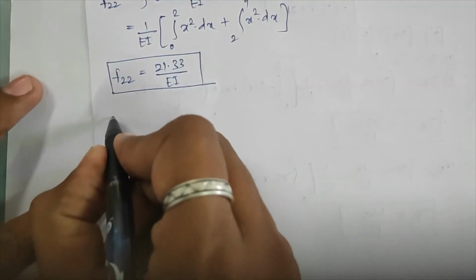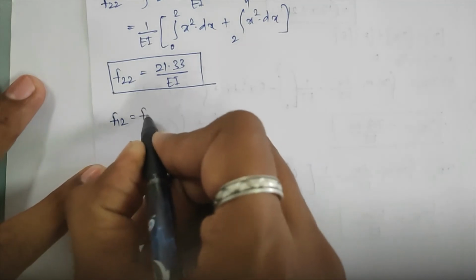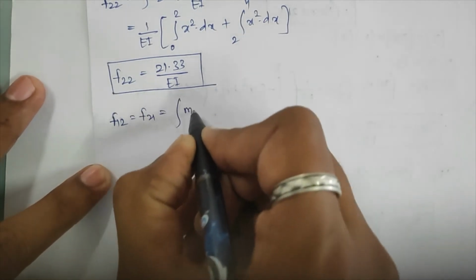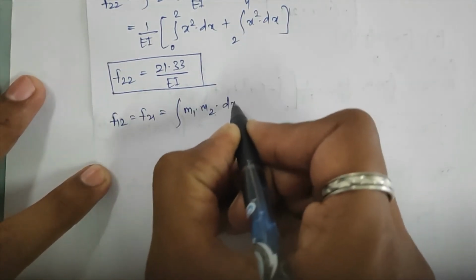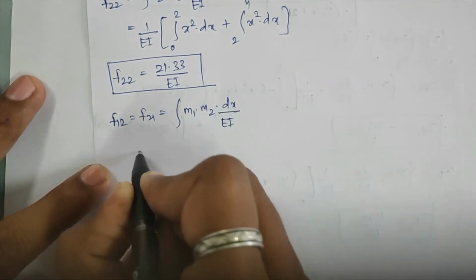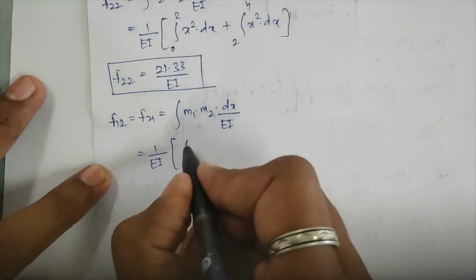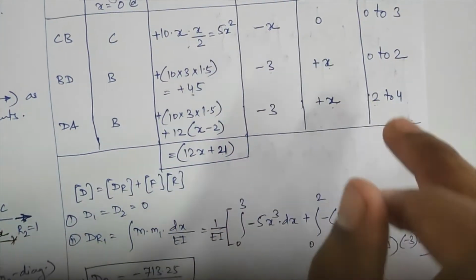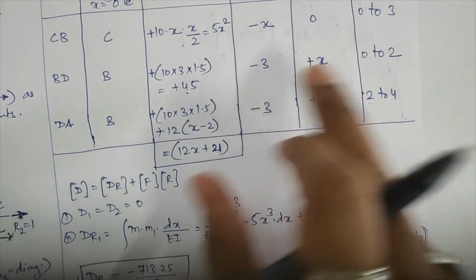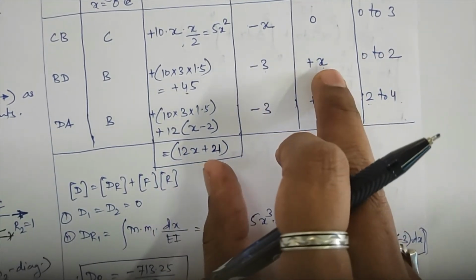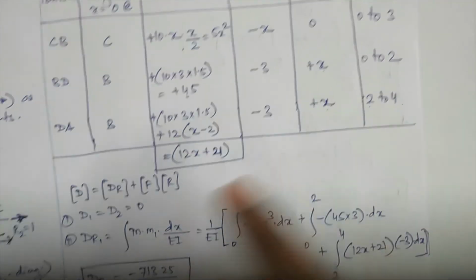And the last is the indirect flexibility. f1 is equal to f2, integration of m1 into m2 into dx upon EI. So 1 upon EI is again constant into first column, first product, that will become again 0 because m2 is 0. Limits of integration 0 to 2 minus 3x and 2 to 4 again minus 3x.